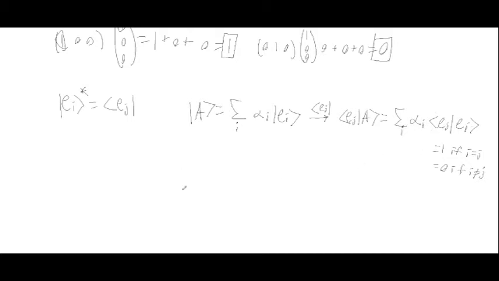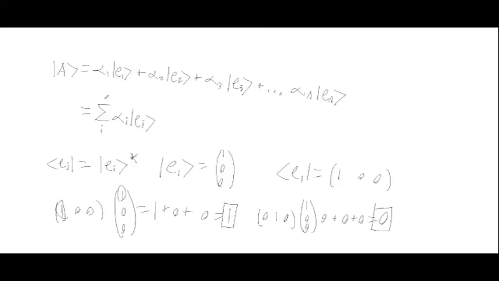So if we have EJ times our ket A, the inner product of these bases with our ket A, since this is essentially the identity matrix, then all we have here is our alpha. And so these are the vector components, like we showed up here, these alphas.